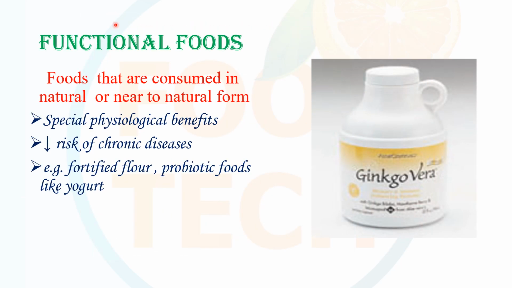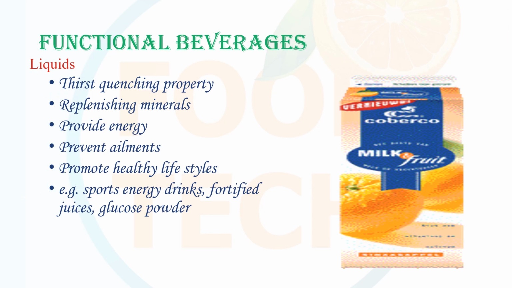And functional foods, coming back, these are foods, I mentioned some of the examples, like ginkgo biloba, sorry, correction, aloe vera, which is another type of functional food, you can say. Though this is liquid, functional beverages, like suppose we take, which help in reducing thirst. They provide energy, like sports drinks.